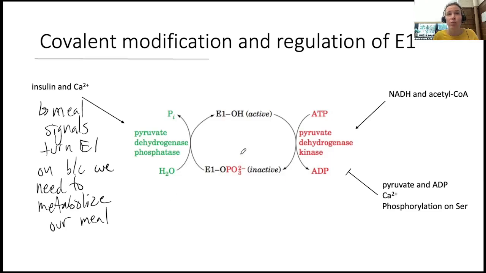Now, what turns E1 off? Well, the kinase turns E1 off, and the kinase itself is activated by NADH and acetyl-CoA. NADH and acetyl-CoA are, of course, products of the reaction that pyruvate dehydrogenase makes. If we have enough products, we don't need to make more.